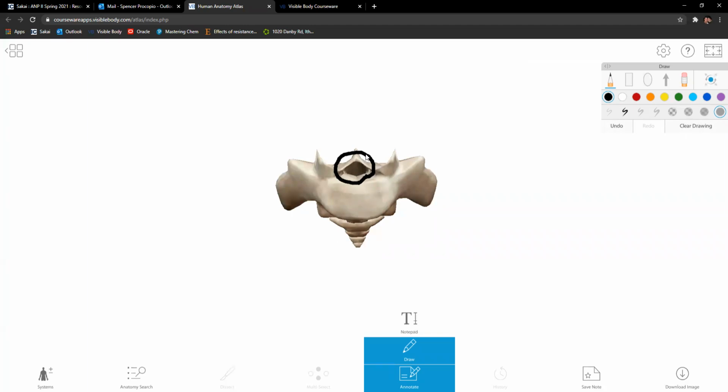So what is that called? And I believe this is number 11. And just for reference, this region right here is going to be the base, just from a different angle.